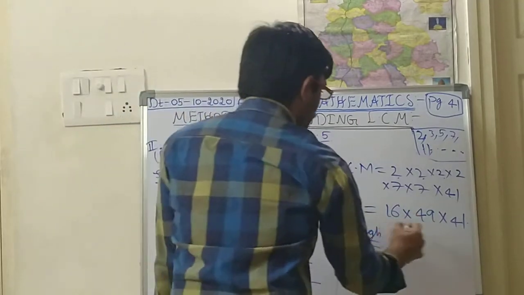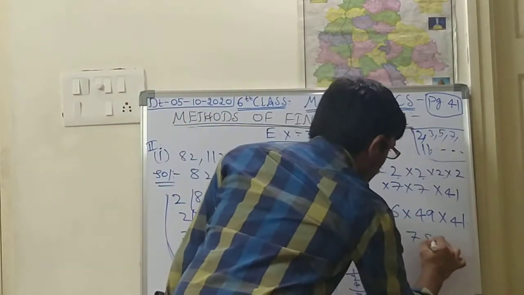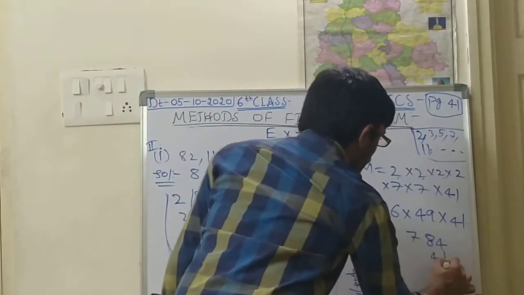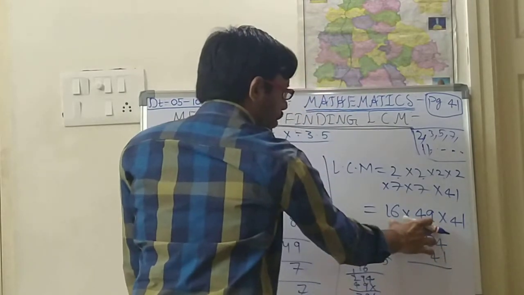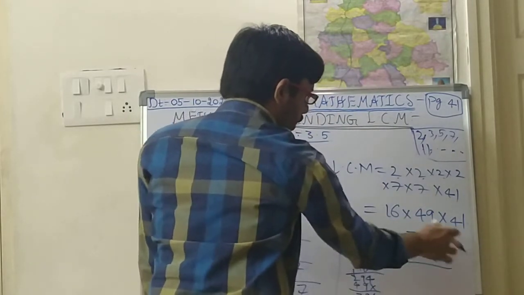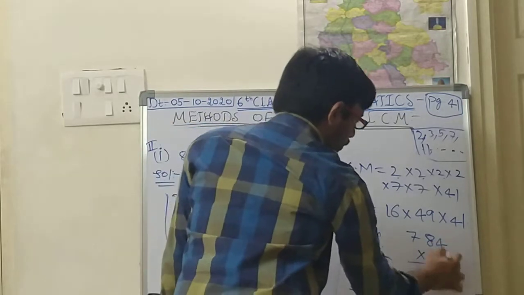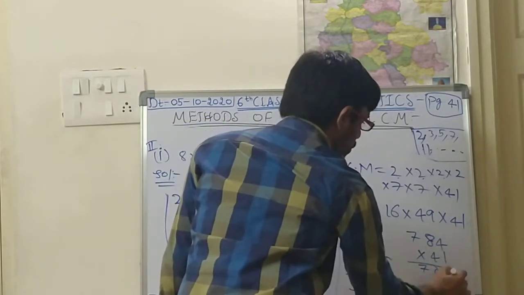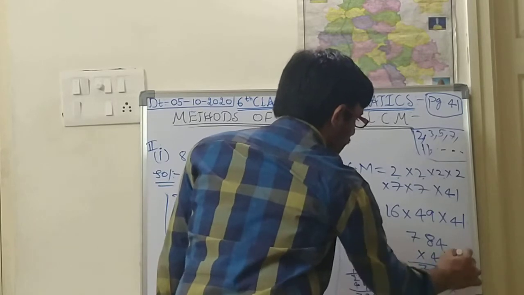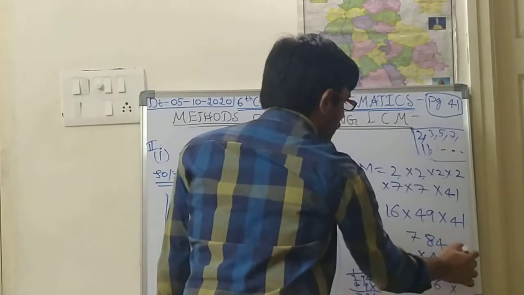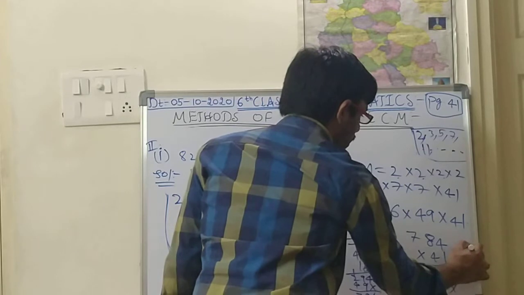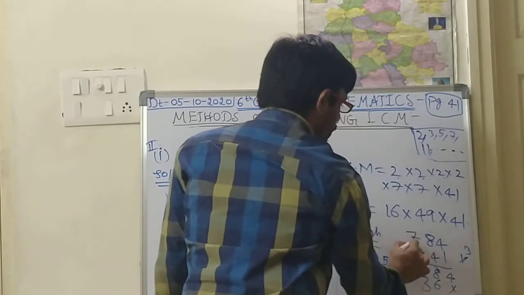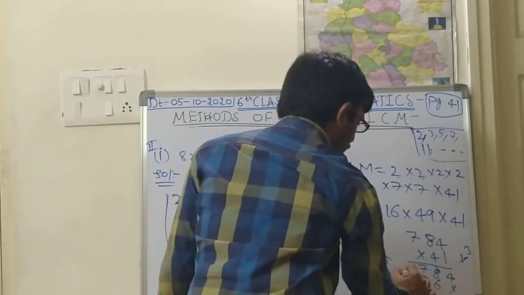So 16 into 49 is 784. 784 into 41. 1 4 4, 1 8 8, 1 7 7 into 4 4s are 16, 4 8s are 32, plus 1, 33. Next 4 7s are 28, 29, 30, 31.